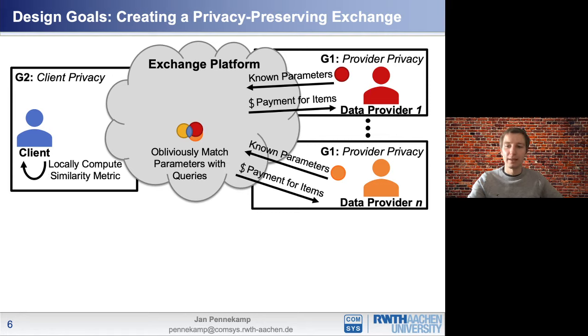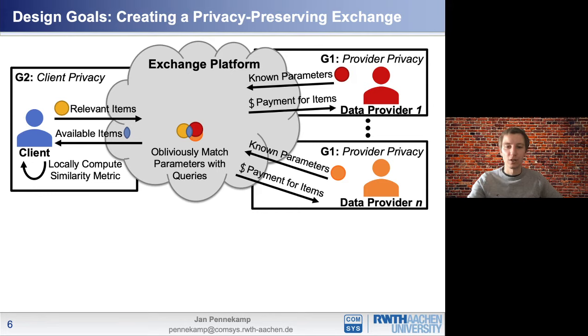On the other hand, the client first wants to compute similarity metrics, so identify the parameters that he's interested in, and this is also sensitive information as it might be his competitive advantage over other companies or clients.